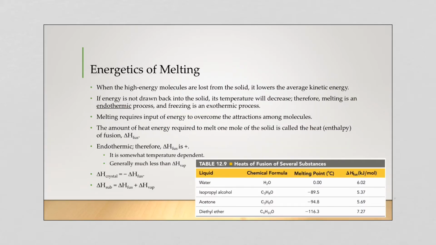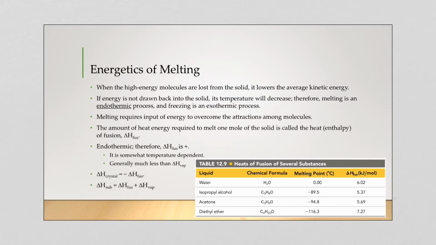So let's turn our attention to melting, though. Melting and freezing is probably the other most commonly thought about phase change, where you're changing between the solid and the liquid.